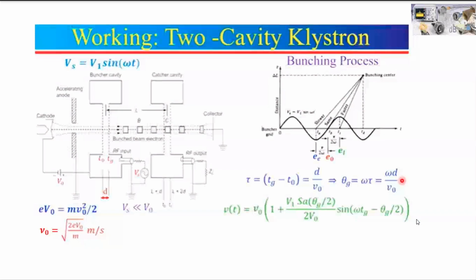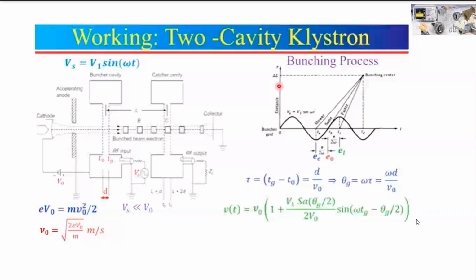Now what will happen to this electron in the cavity gap? In order to know this, we need to see the bunching process. Let us say this vertical axis represents the distance along the tube, from the buncher cavity to the catcher cavity.